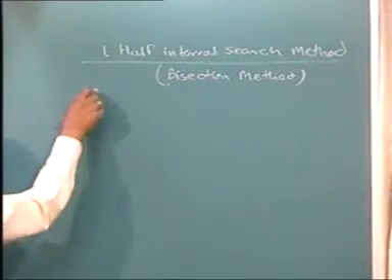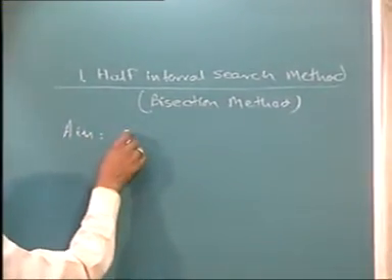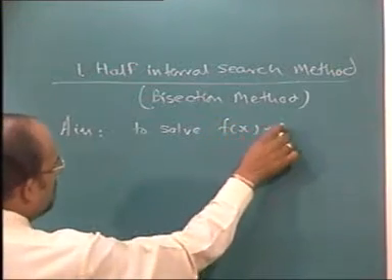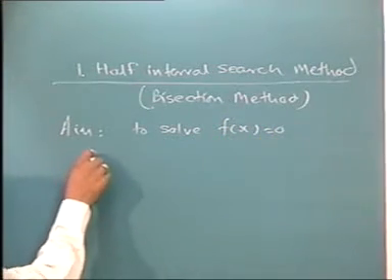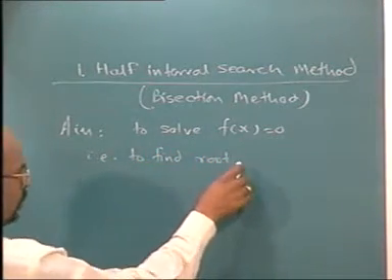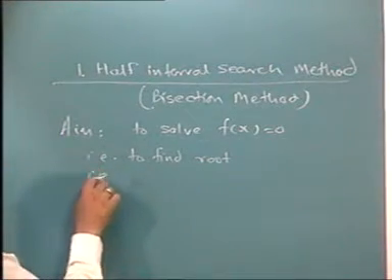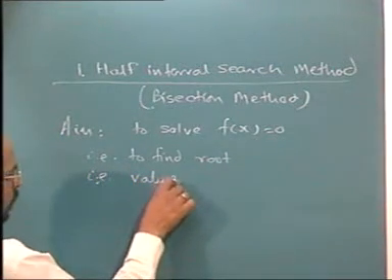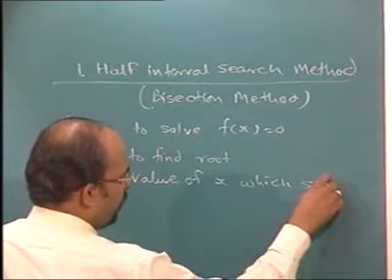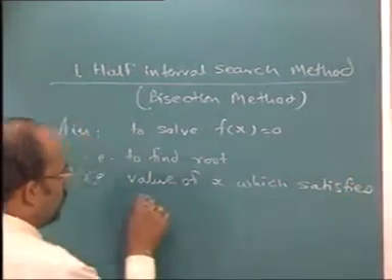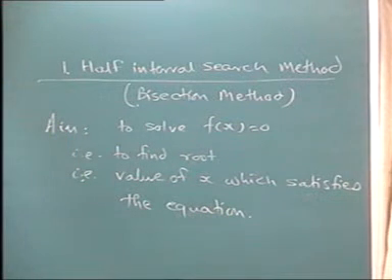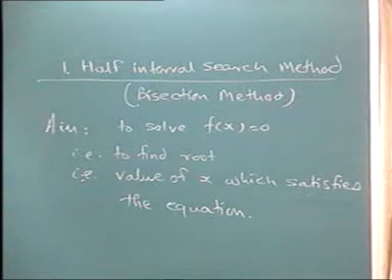The aim over here is to solve f(x) = 0, that is, to find the root, that is, the value of x which satisfies the equation.